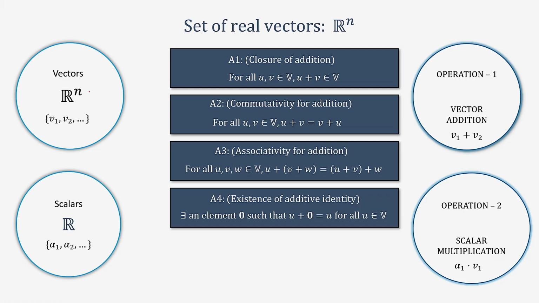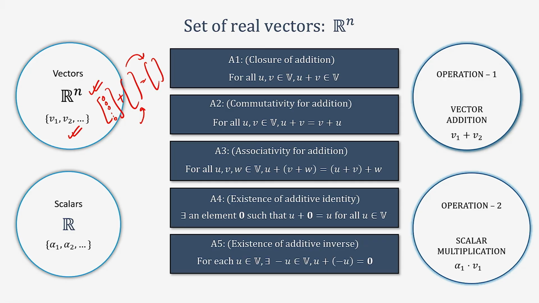There is an element here which when added to any other element in this set will always give you that element back. For example, the additive identity here is 0, 0, 0, and so on. 0 plus any vector you add, you will always get back this vector. That is called the additive identity. So, this set has an additive identity.